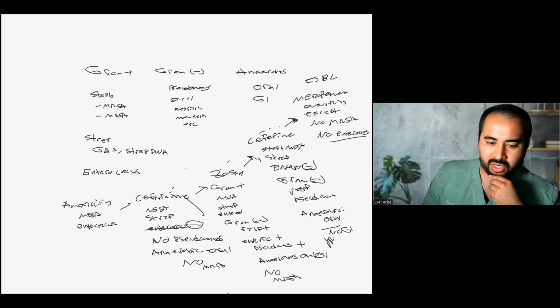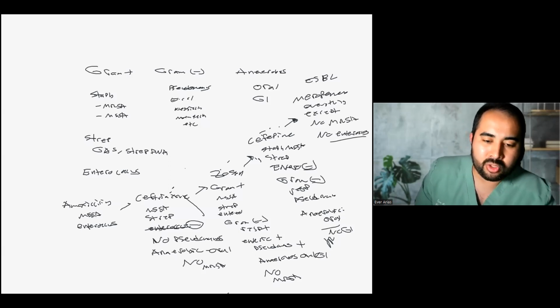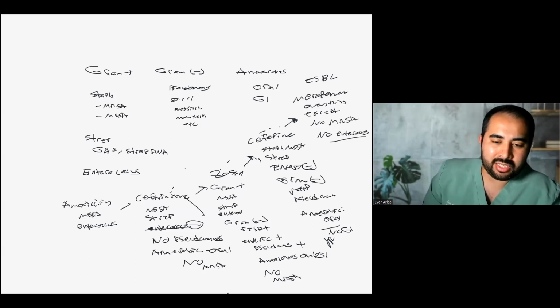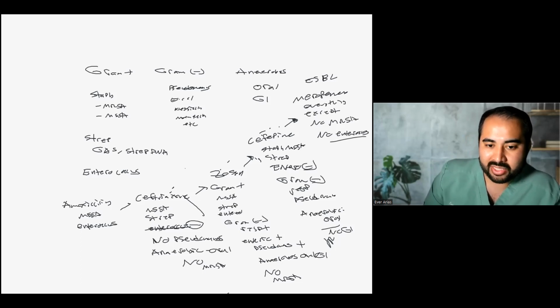Zosyn does cover Enterococcus. Ceftriaxone and Cefepime are pretty similar. The only difference is that ceftriaxone doesn't cover Pseudomonas. Cefepime does cover Pseudomonas. Zosyn is better than Cefepime because it covers Pseudomonas, but it also gives you broader anaerobic coverage. Meropenem is stronger than Zosyn because it covers beta-lactamase resistance.